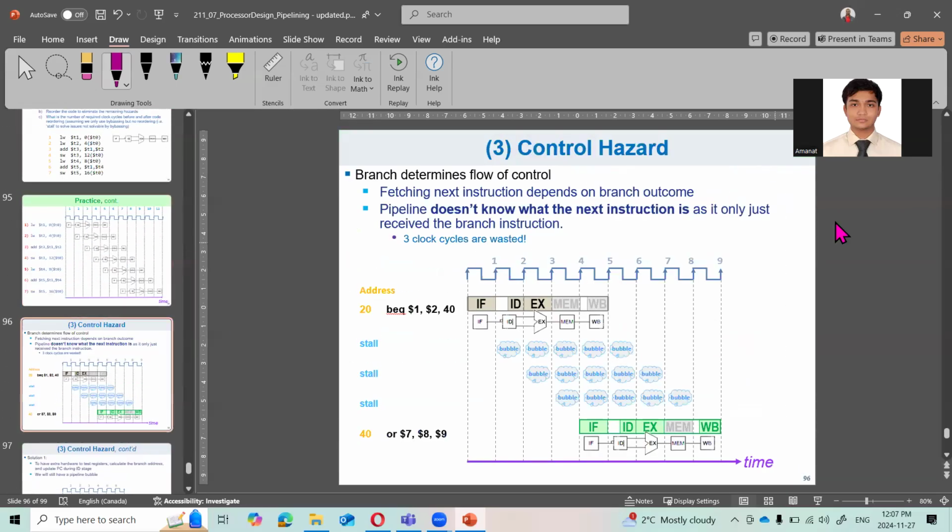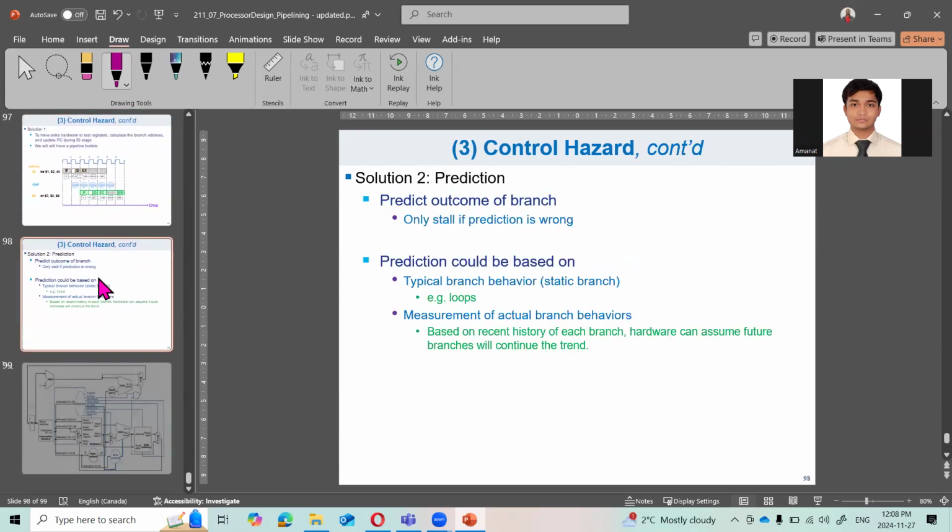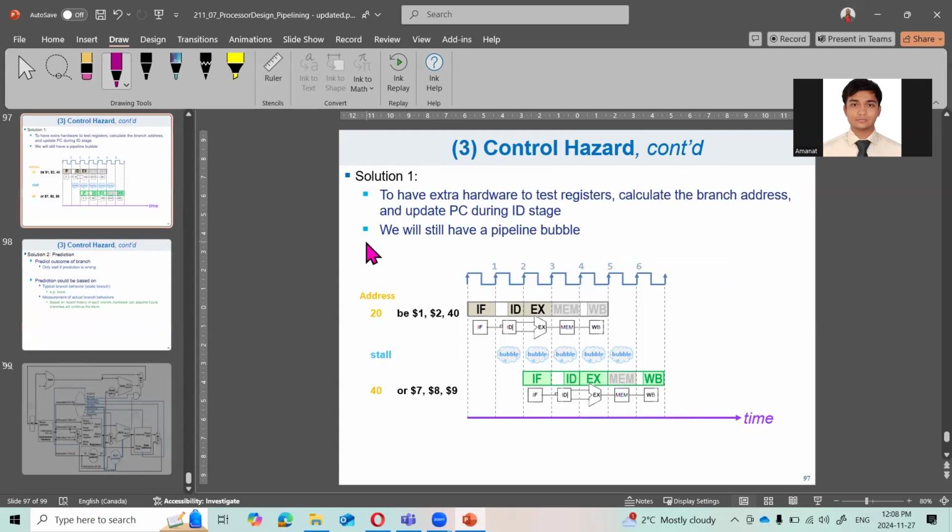Oh no, one more thing is for control hazards, right? You don't know whether you are going to jump or not. So what are you going to do? You can't do anything. So what you can do is always 1 stall.